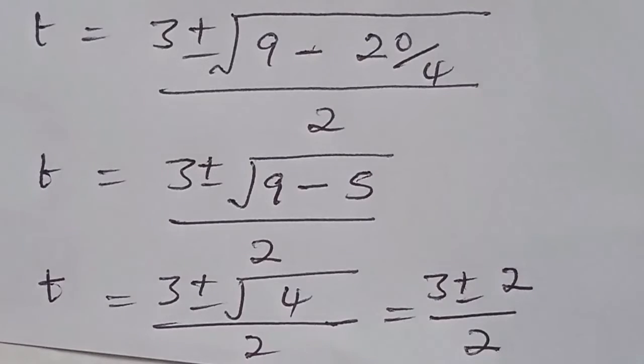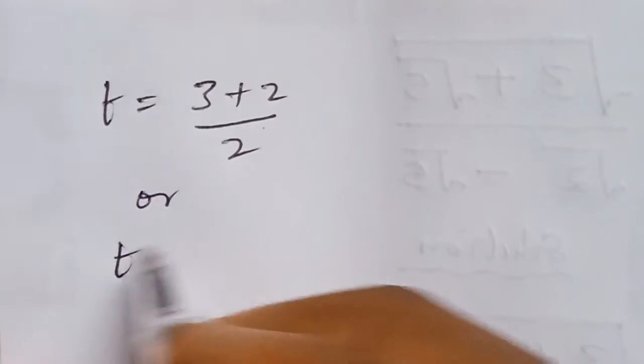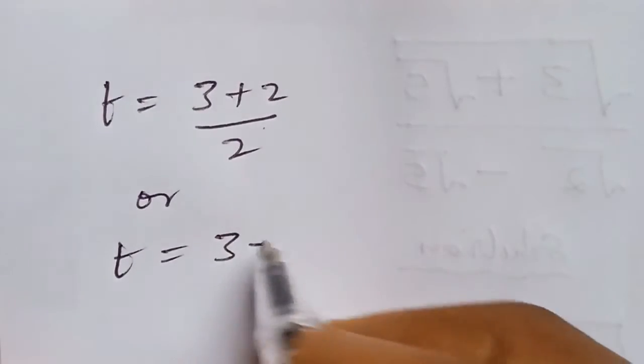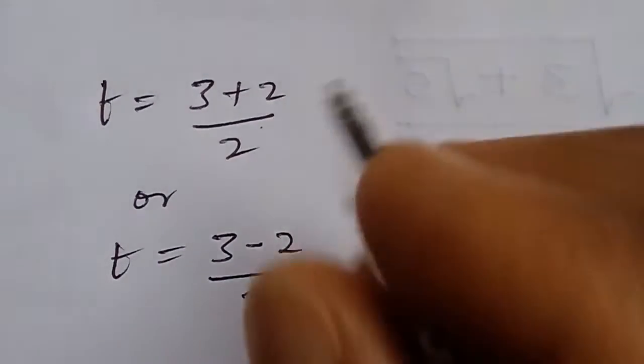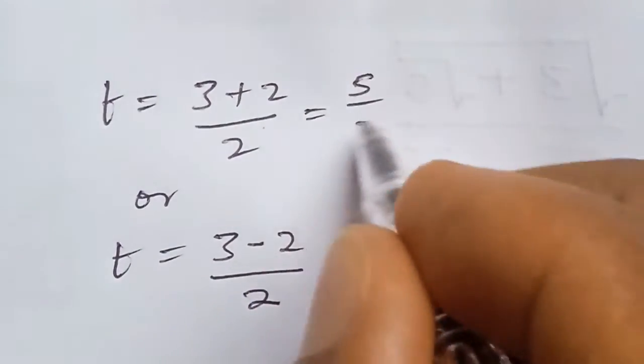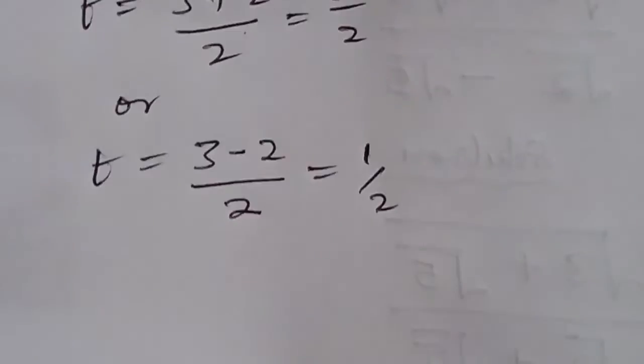Okay, this implies that t is equal to 3 plus 2 over 2, or t is equal to 3 minus 2 over 2, and this will give us 5 over 2. This gives us 1 over 2.